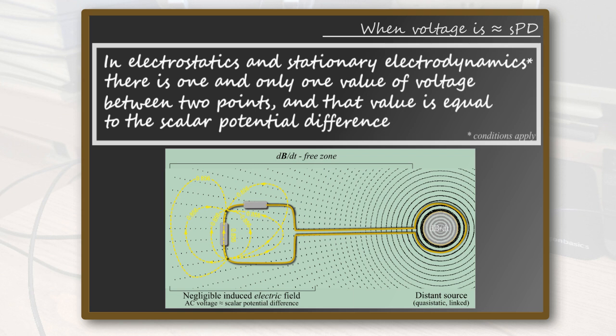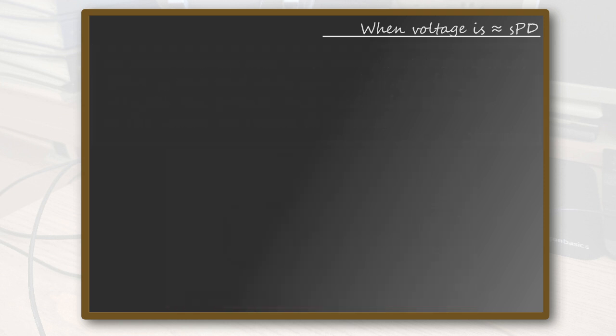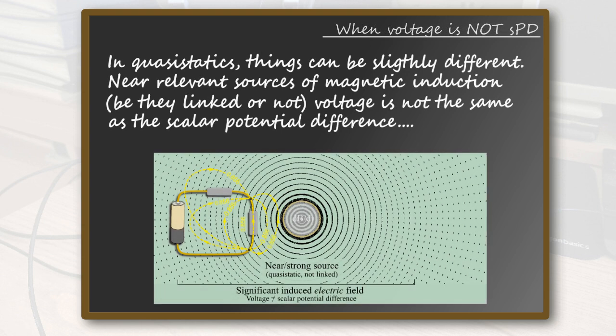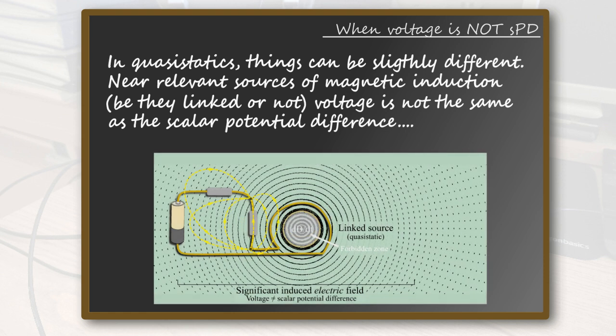Now you might say, hey, wait a minute, I have personally measured potential differences in circuits that were either very close to sources of magnetic induction, like transformers. If not directly powered by them, their induced electric field could not possibly be negligible in the space occupied by the circuit, and I never saw any path-dependent multivariate mumbo-jumbo sorcery.